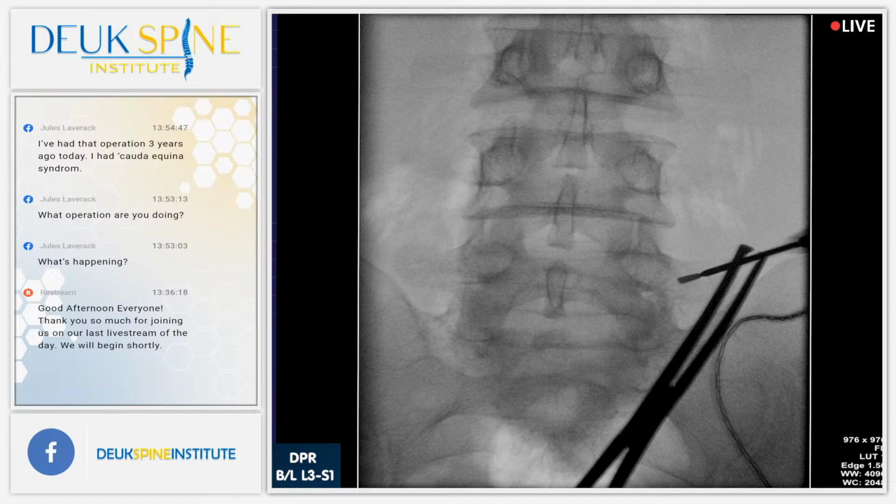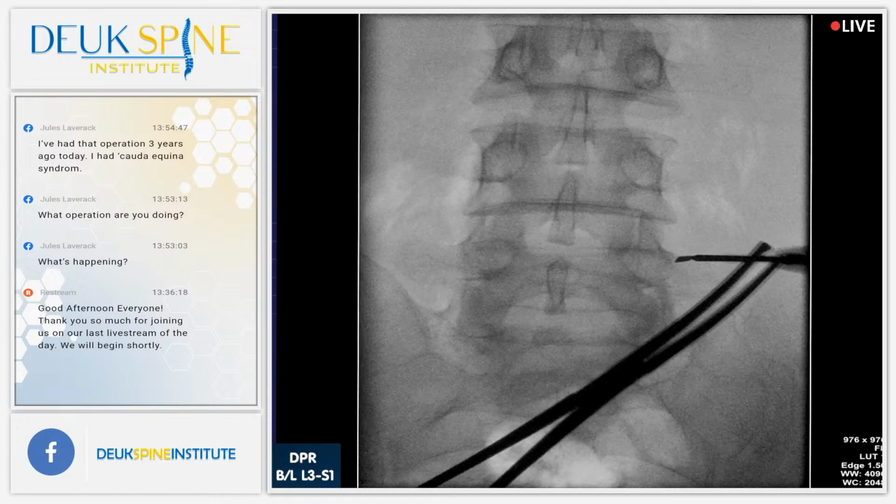So to do that, I have to go in and burn this little nerve. And it's not the nerve root like you'd think. A lot of people get mistaken about that. You don't want to burn the nerve root. But we're burning a small nerve to the joint. And that nerve is called the medial branch of the dorsal ramus.